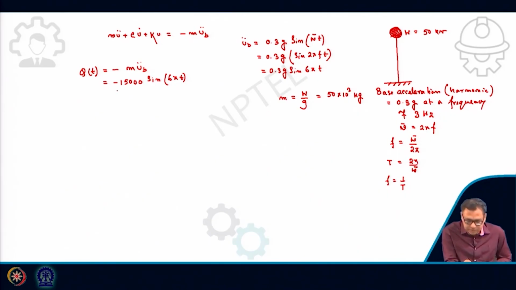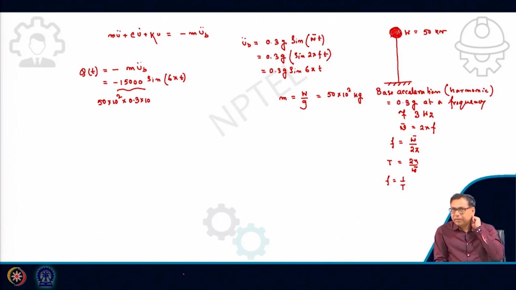So this term is actually 50 into 10 to the power 2 into 0.3 into 10. So this will be 1500. This is the load which is applied here.